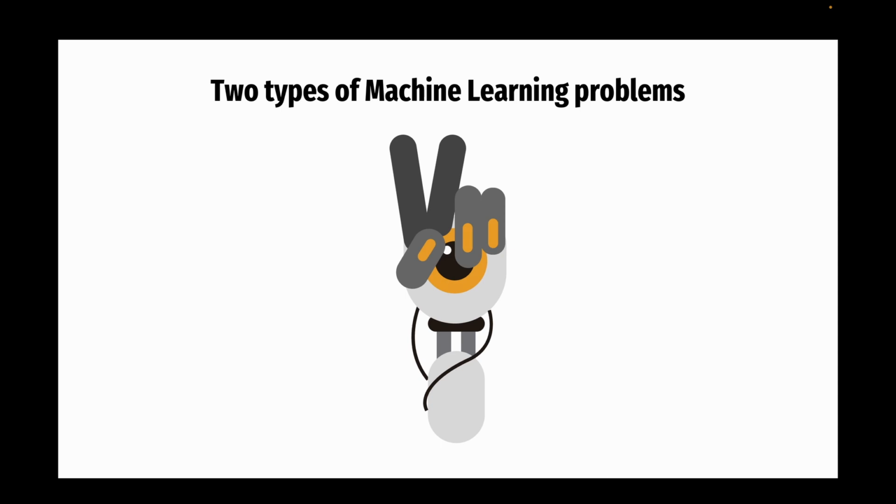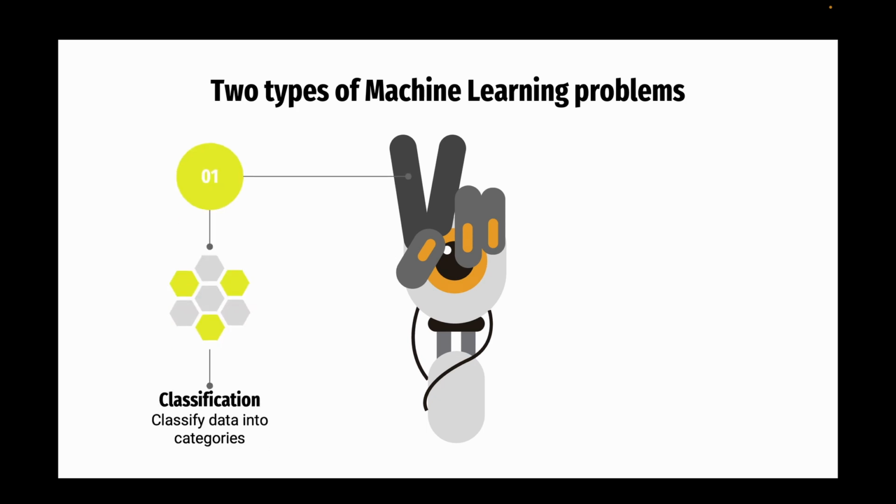So a machine learning problem can be classified into two categories. The first is classification, which is where we have two or more categories and we need to predict which category this piece of data falls into. So for example, let's say our two categories are a dog and a cat.